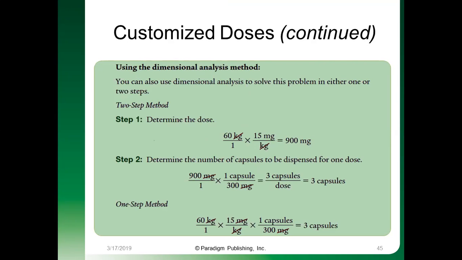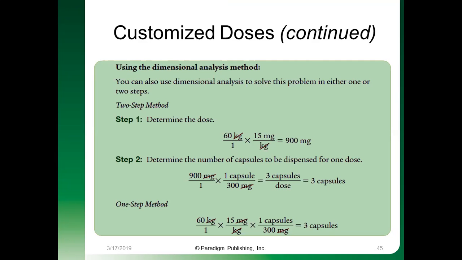So 60 times 15 is 900 milligrams. Now determine the number of capsules, using what we got on the first problem. So 900 milligrams over 1 times 1 capsule over 300 milligrams. Okay, so 900 divided by 300 gives 3 capsules per dose.